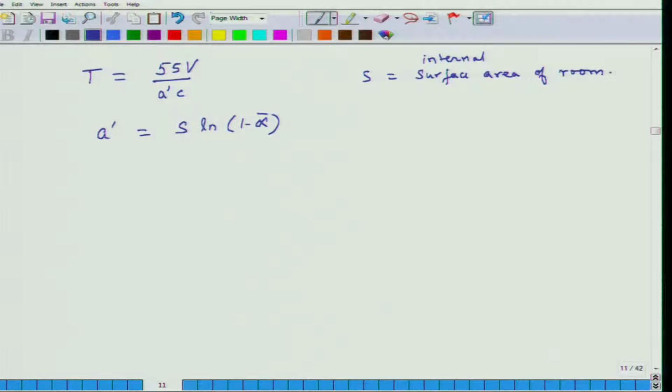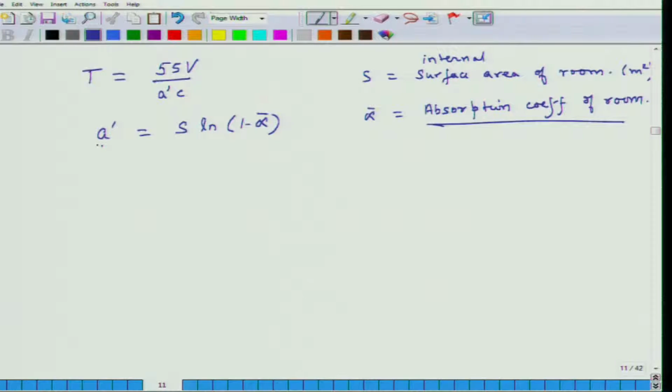So this is in meter squares, or it could be in feet square, and alpha is the absorption coefficient of the room. And it is a dimensionless quantity, it has no dimensions.